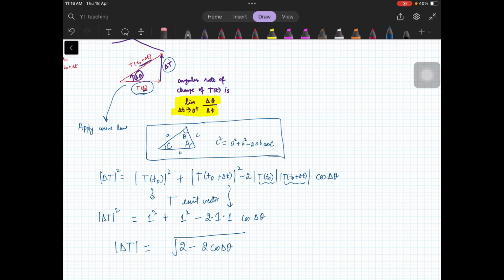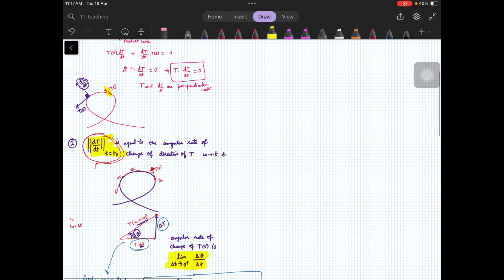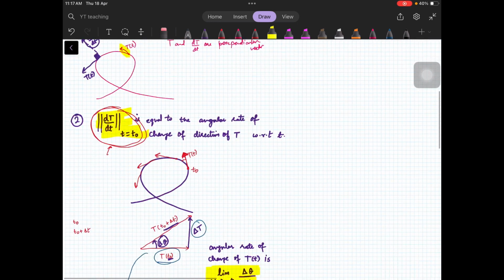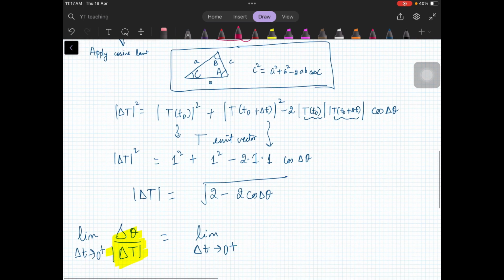Okay, so from here, if I try to look at del theta upon del t modulus, limit del t going to 0 from positive side. Why am I taking this? Because I want to bring something like this here, but first I am taking capital T here, then we'll convert it into small t using chain rule.